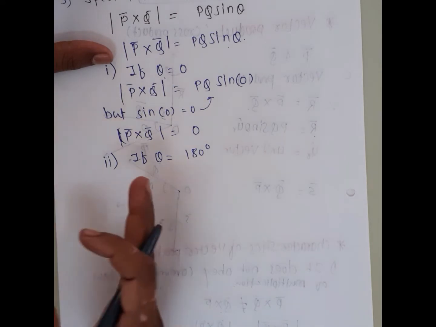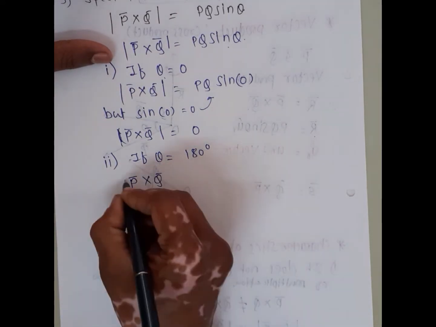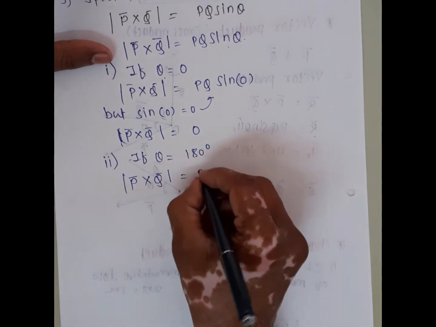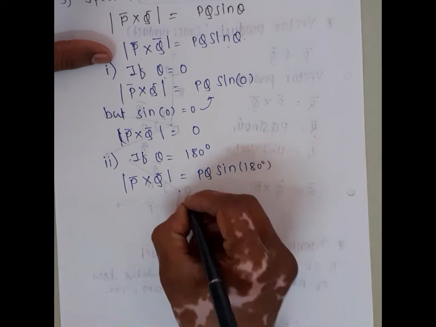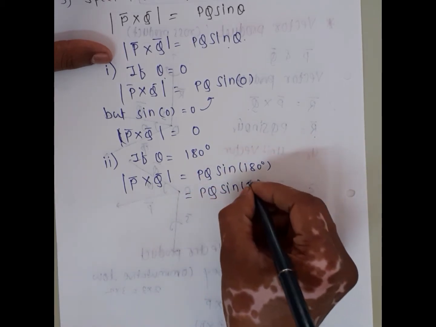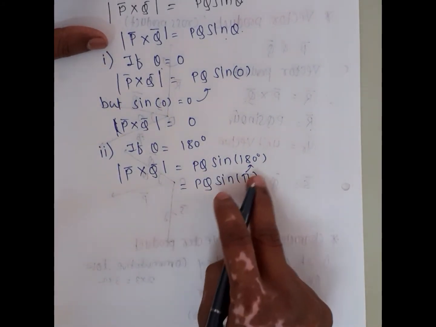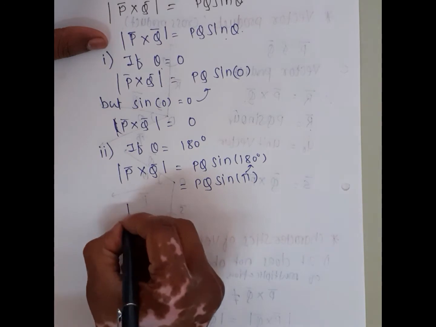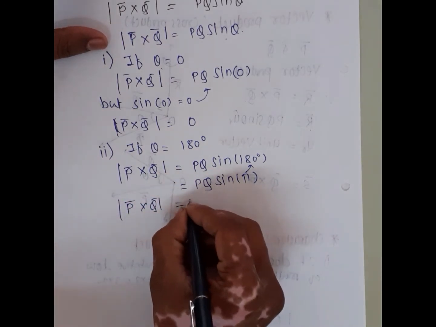So p bar cross q bar is equal to PQ sin 180 degrees, which can also be written as PQ sin pi. Sin pi means 180 degrees, so sin 180 is 0. So p bar cross q bar is equal to 0.